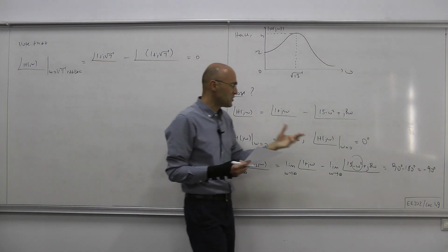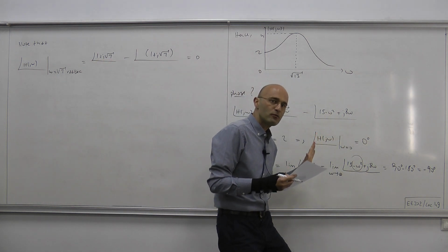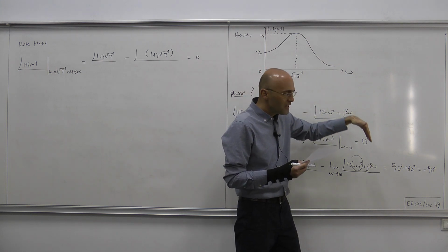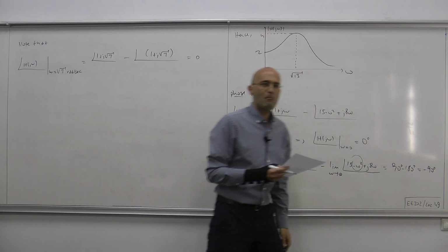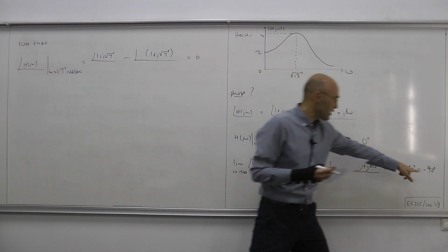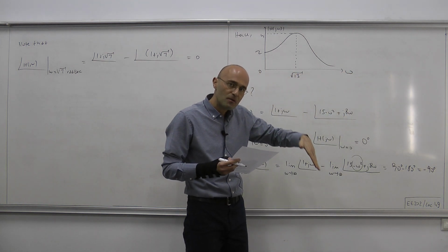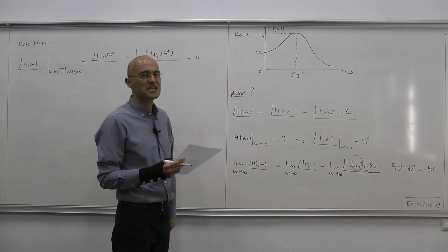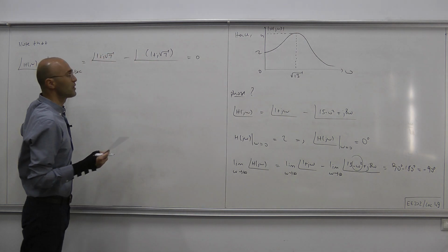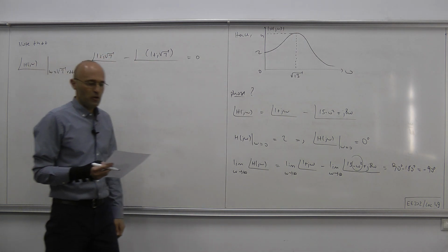So we start from 0, rise a little, reach a small peak, and then go toward minus 90 degrees. Since we are positive and going to something negative, we have to cross the 0 degree line at some frequency, which we just found equals square root of 7.